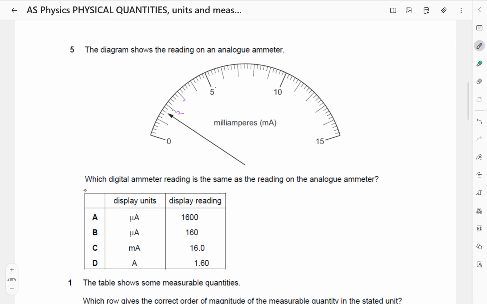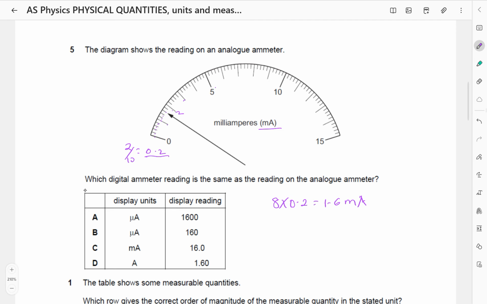It means each division is going to be 2 divided by 10, which is 0.2. So each division is 0.2. So we have 1, 2, 3, 4, 5, 6, 7, 8. So 8 times 0.2, which is 1.6, milliamperes, because the scale is showing milliamperes.